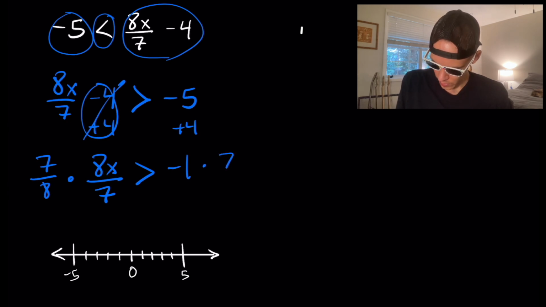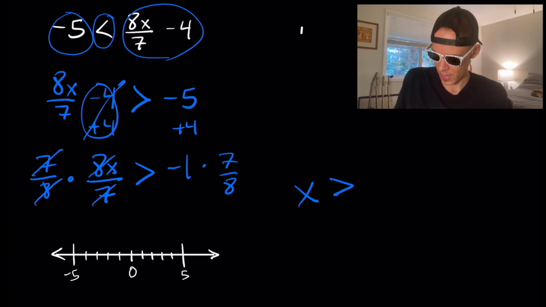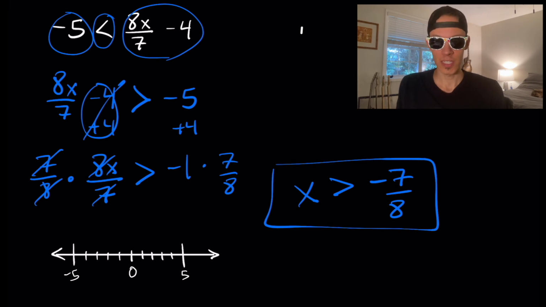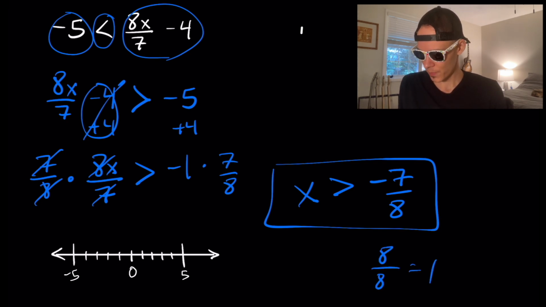So here as well. And the 7's will cancel out, the 8's will cancel out, so I'll be left with x is greater than negative 7 over 8. So I don't know what that number is as a decimal off the top of my head, but I know 7/8 is really close to 1, because 8/8 is equal to 1.